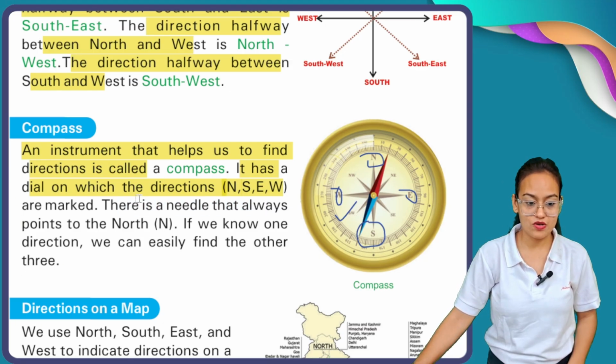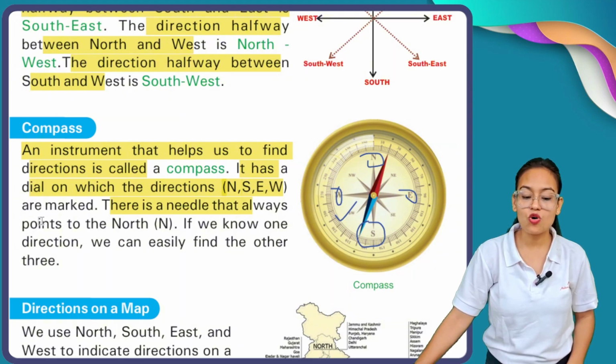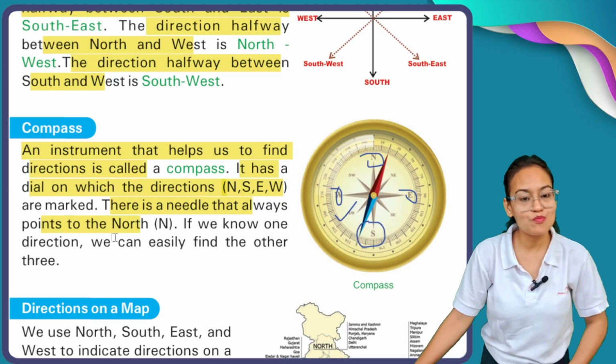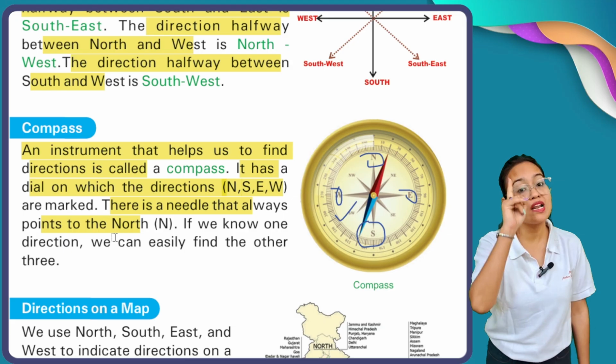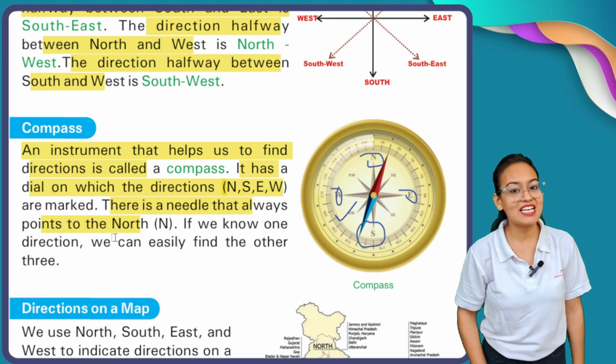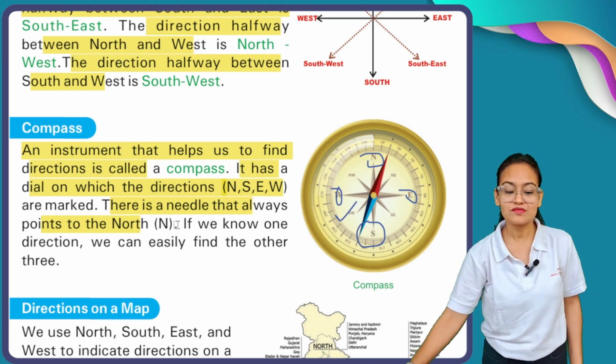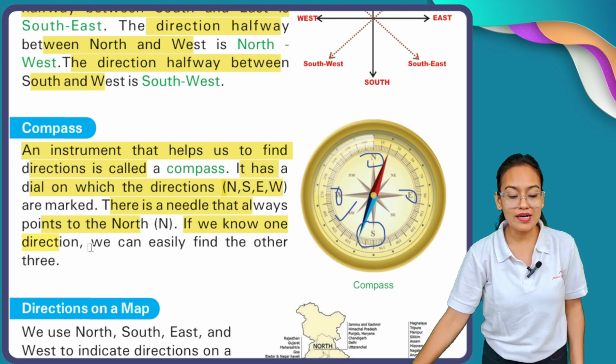There is a needle that always points to the north. In a compass, there is a needle which always points in only one direction, and that direction is your north direction. If we know one direction, we can easily find the other three.